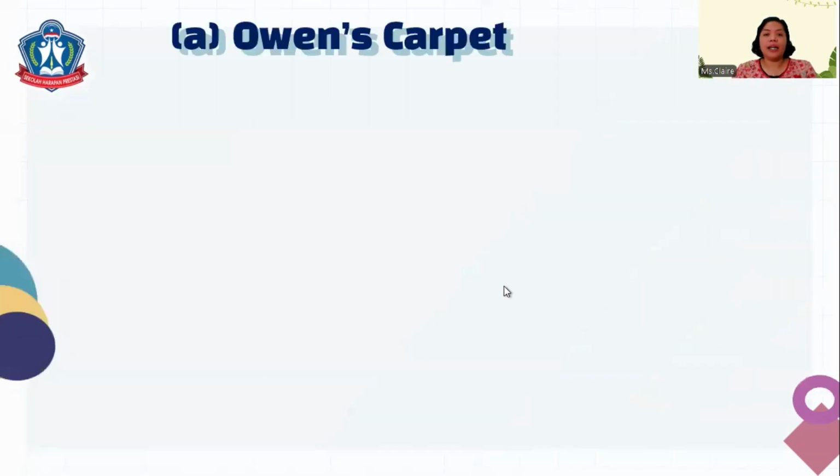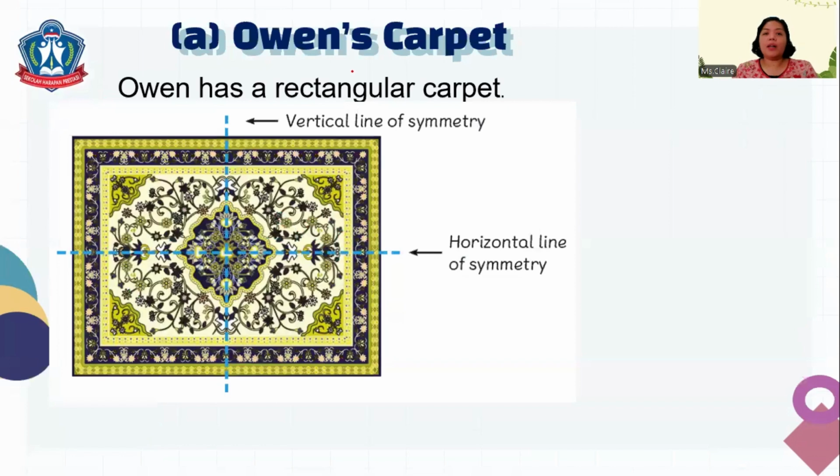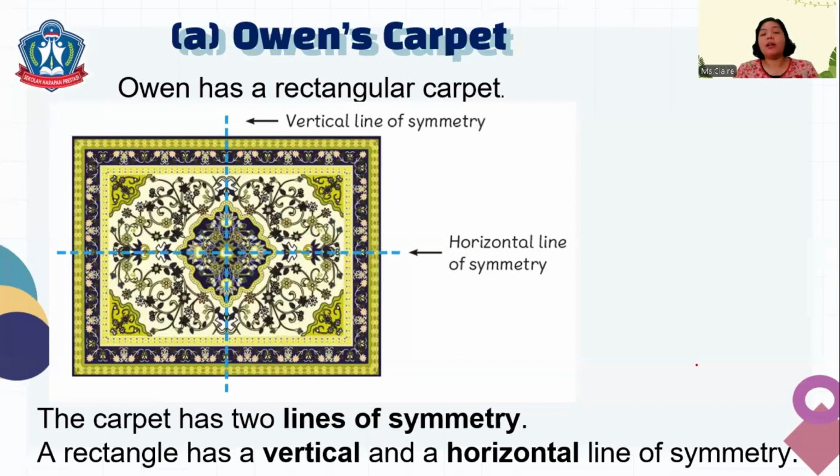Okay, now I have here Owen's carpet. Take a look here. This carpet is in a rectangular shape. When he folds this one, children, there are 2 lines of symmetry. A horizontal and a vertical line of symmetry.